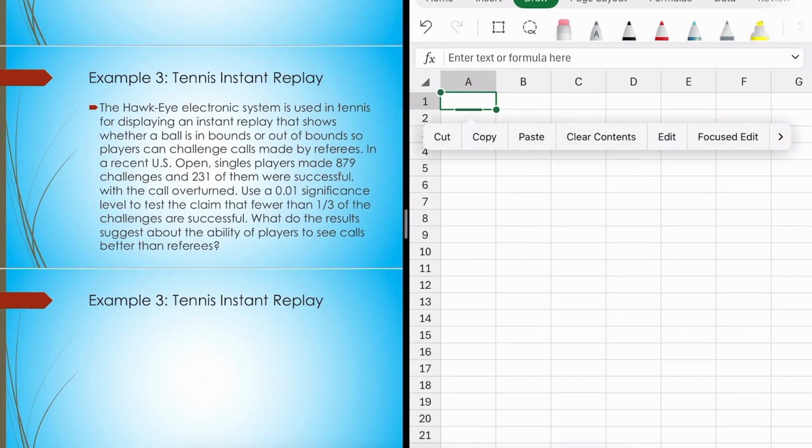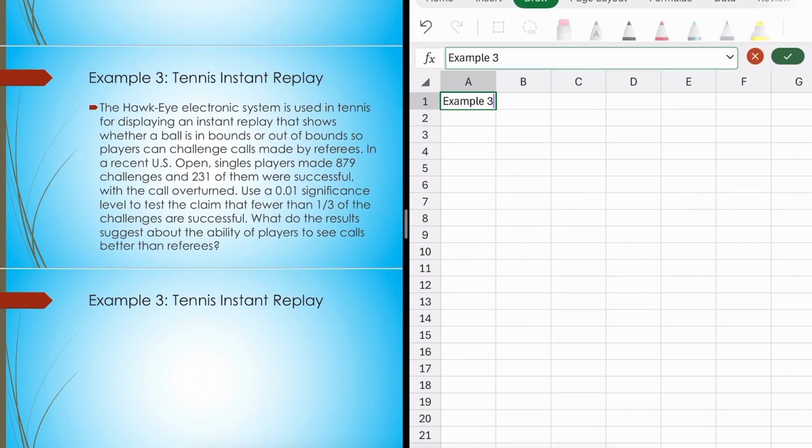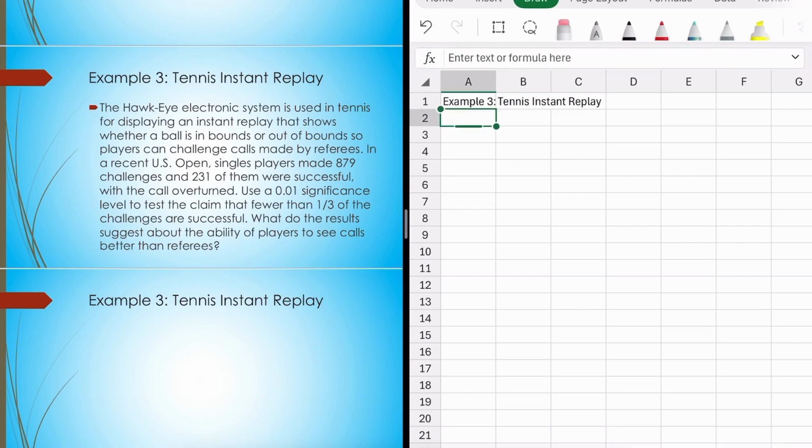This is example 3 about tennis instant replay. The Hawkeye electronic system is used in tennis for displaying an instant replay that shows whether a ball is in bounds or out of bounds. Players can challenge calls made by referees.